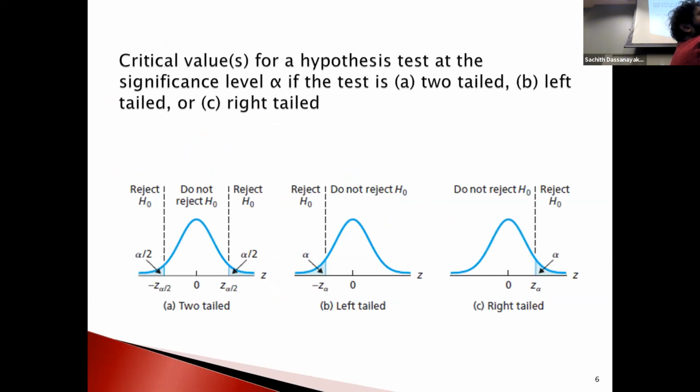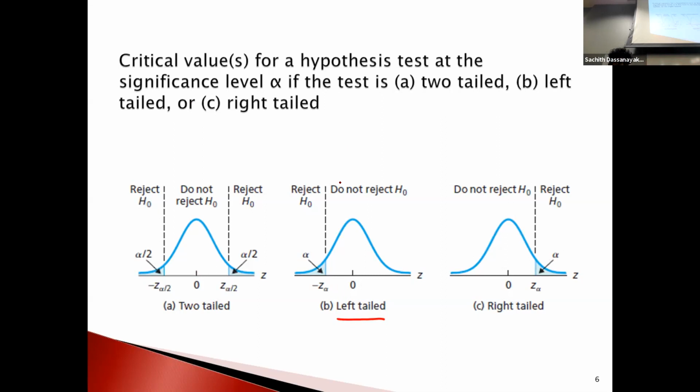These three scenarios I explained to you last time are based on the alternative hypothesis. Do you remember the alternative hypothesis? We will have a two-tail test or a one-tail test. The one-tail test we call left tail or right tail. Start from the second one. This one is the left tail test.